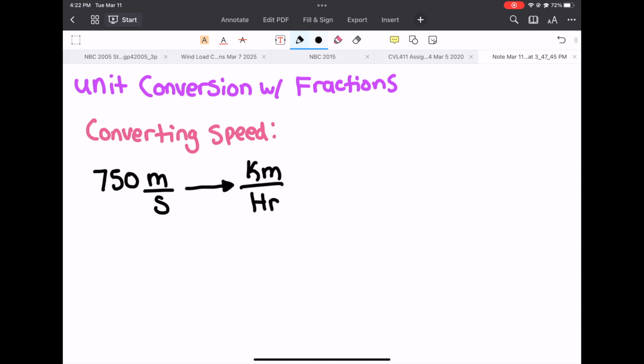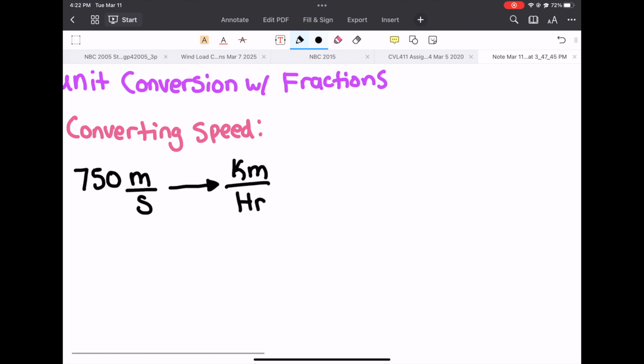So the first thing we're going to do is to figure out what units we know. So we know that 1,000 meters equals 1 kilometer.